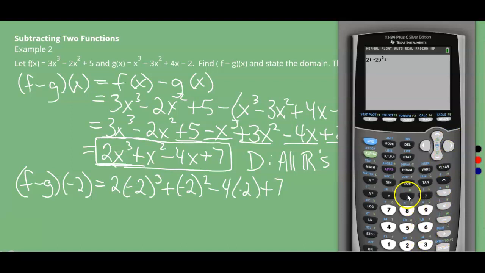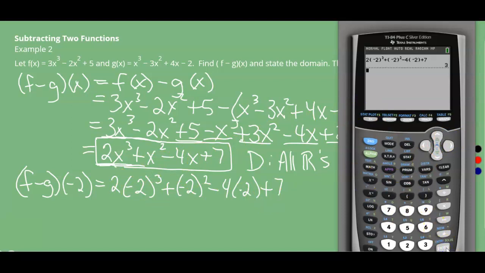It'll give you the wrong answer if you leave that all as an exponent. So let's see. I'm going to bring down, so I got negative 4 times negative 2, and then plus 7.